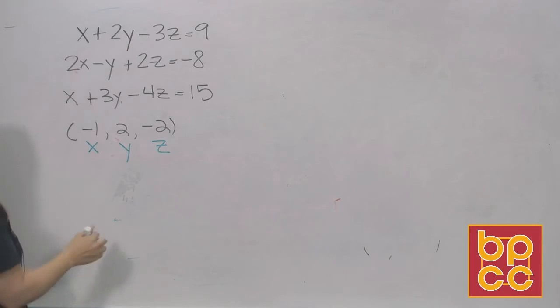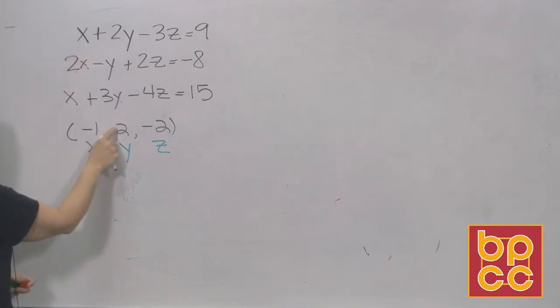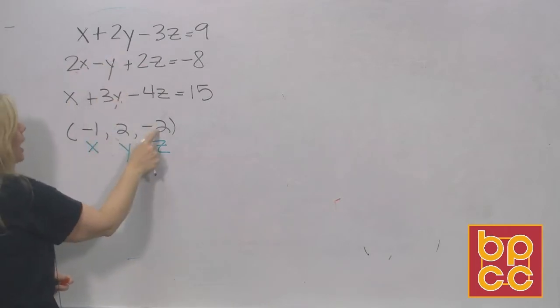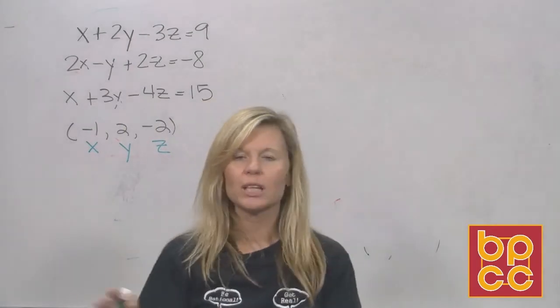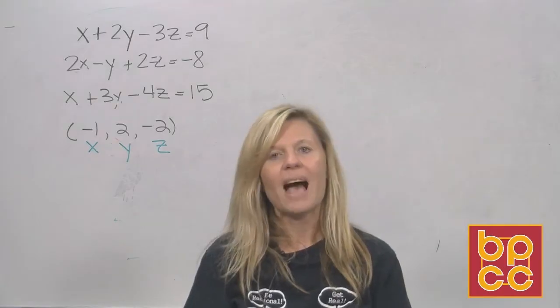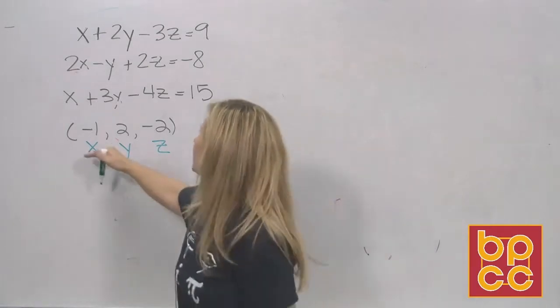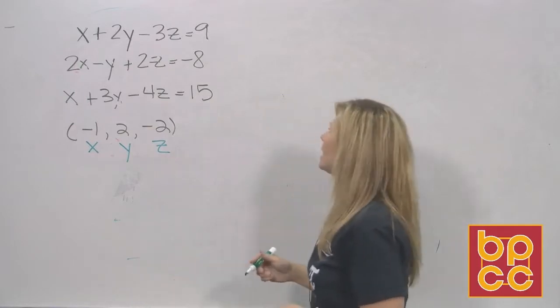We could just do simple substitution. In every equation, we can replace x with -1, y with 2, and z with -2, and see if it balances. Because if that truly is the solution, the point of intersection, then this ordered triple should work for all three equations. So let's see if it does.